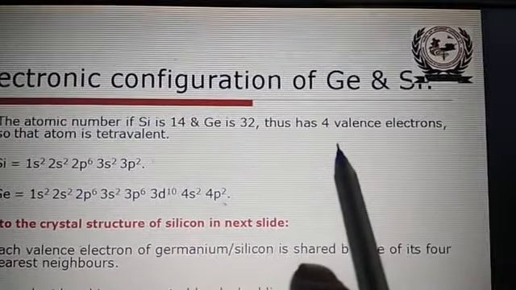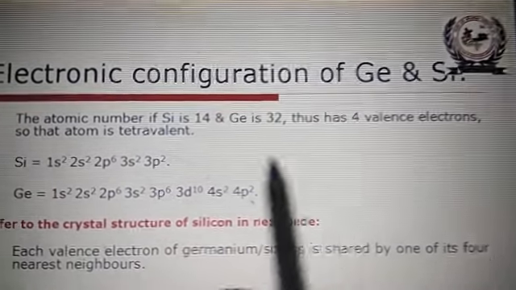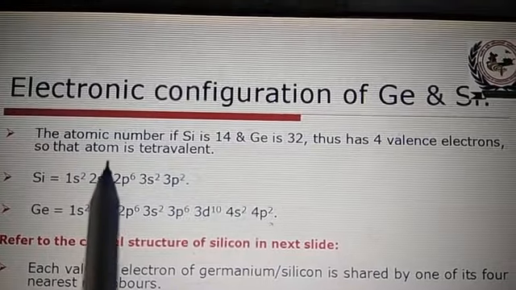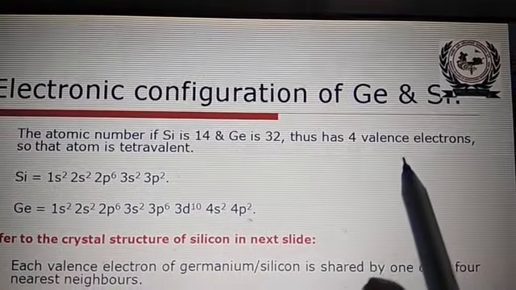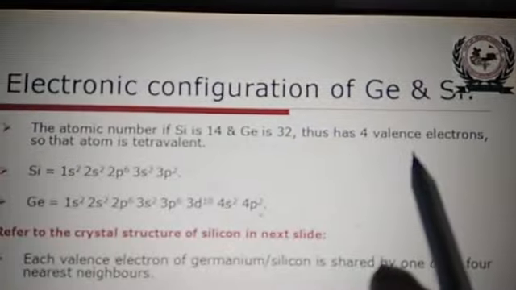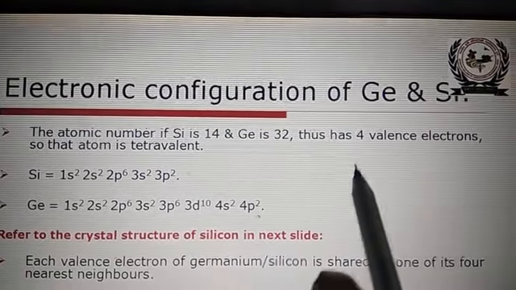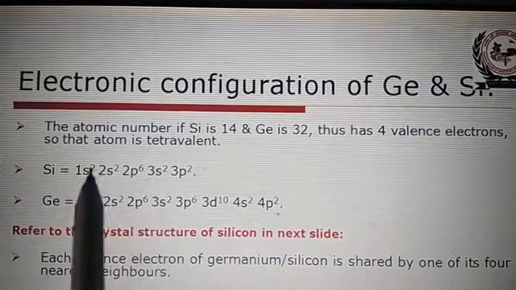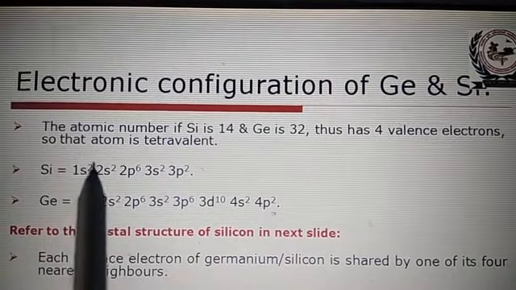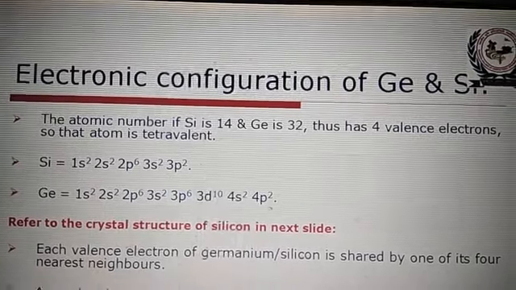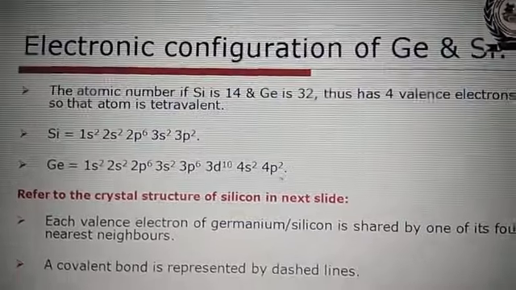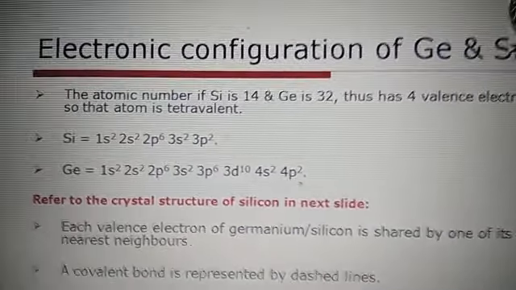Thus, each has 4 valence electrons. Valence electrons means the electrons which are in the outermost orbit. So both germanium and silicon have 4 valence electrons in the outermost orbit. So that atom is called tetravalent. These both are tetravalent.